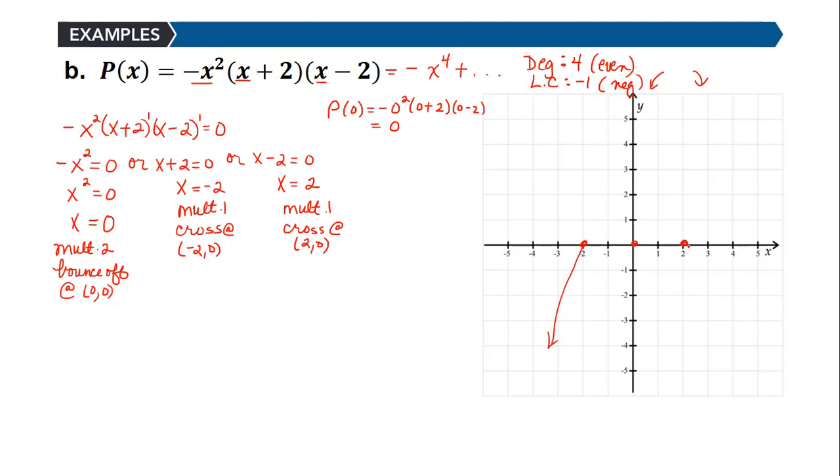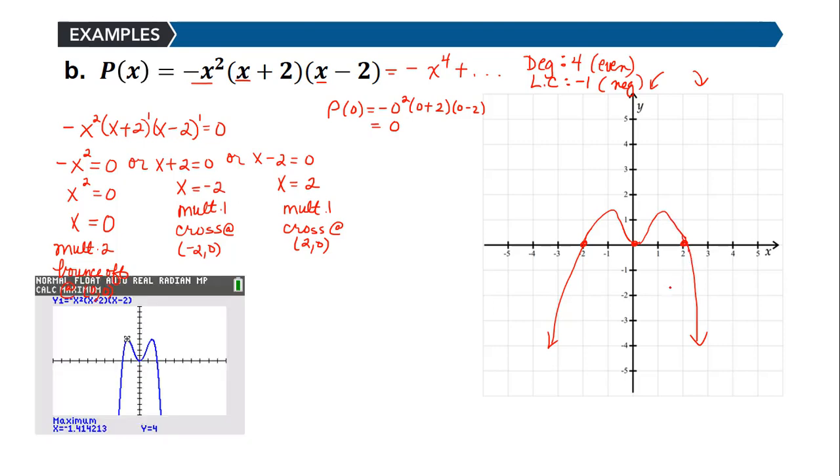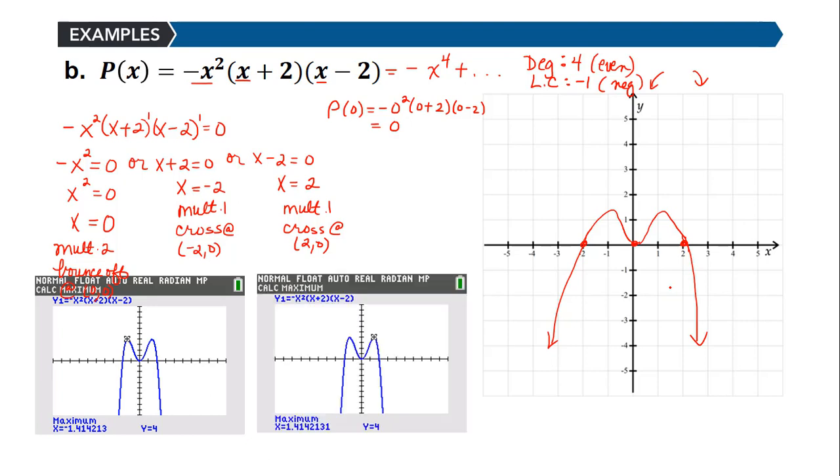To the right of (2, 0), the graph is going down. So that means it's going to go up to some point, and then it's going to come back down, and then it has to bounce off the x-axis at (0, 0), so it's going to go back up, but then it's going to come back down so it can cross through (2, 0).